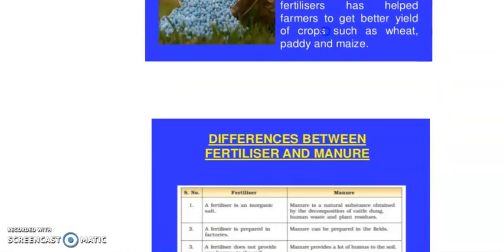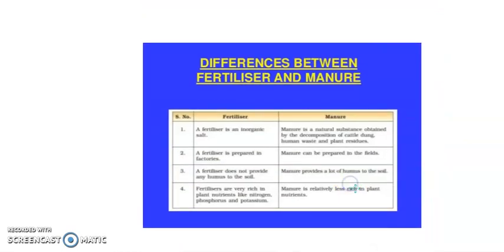So let's see what's the difference between a fertilizer and a manure. A fertilizer is an inorganic salt, or you can say it's a chemical that is being used, while the manure is the natural substance that you obtain from cattle dung or plant waste. The fertilizer is prepared in a factory while the manure is prepared in the field.